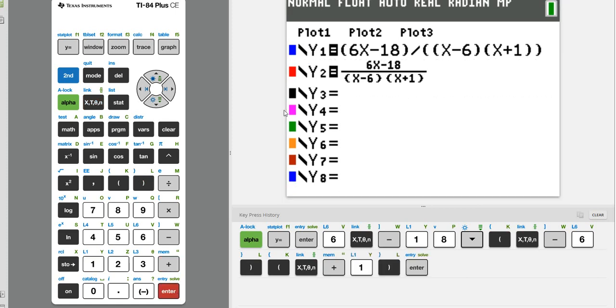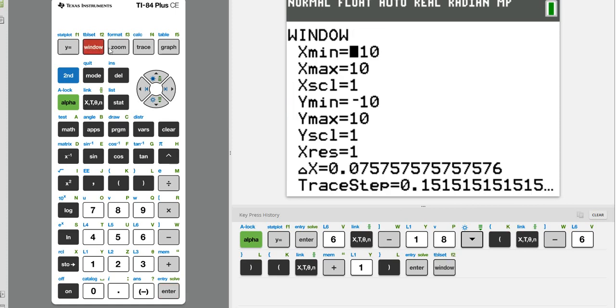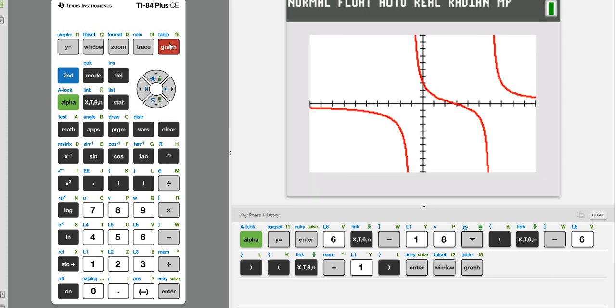These should both give me the same graph. Let me take a quick look at my window here. Negative 10 to 10, good enough. There it is. Briefly it was blue before it got colored over by the red graph, but they're the same graph. So, thanks, Kyle.